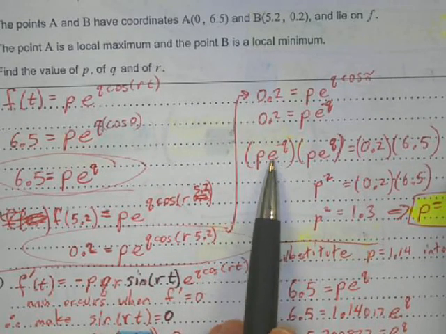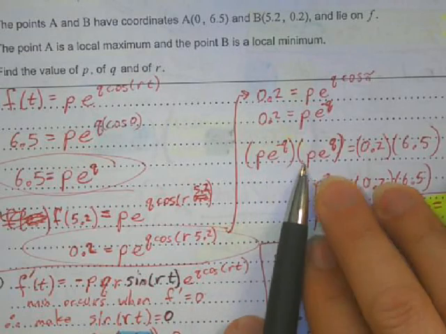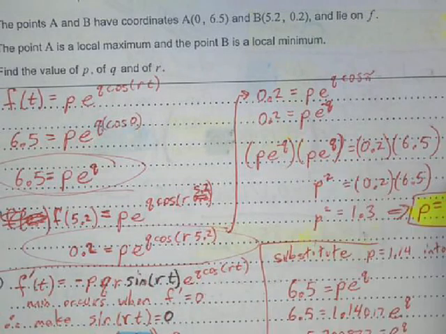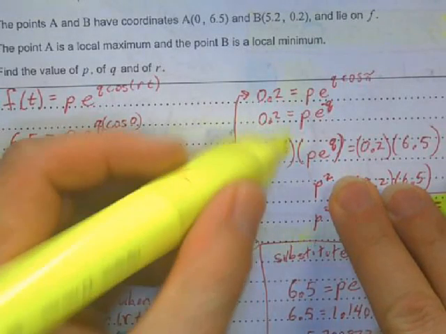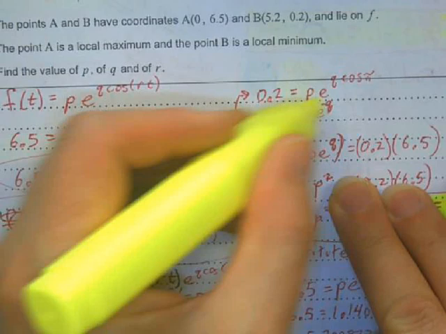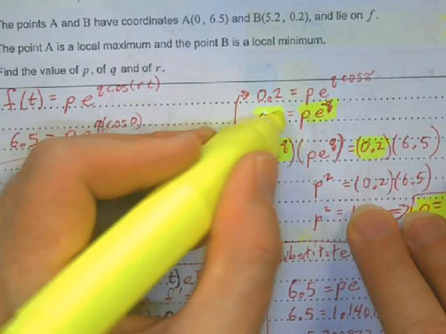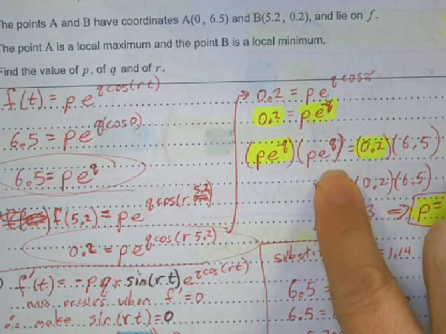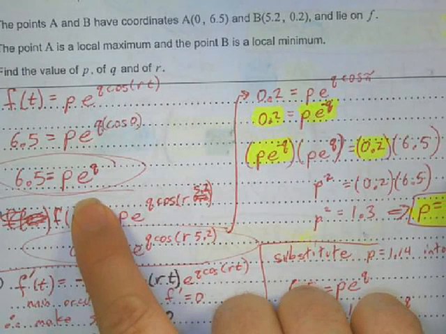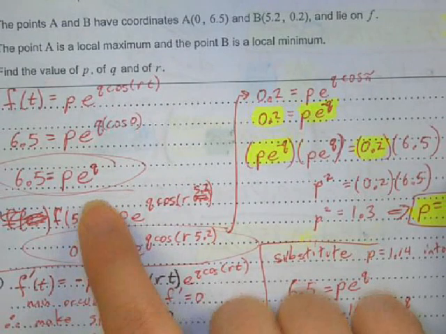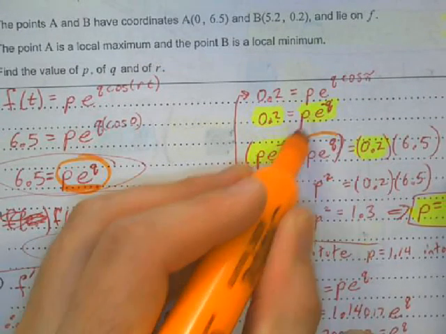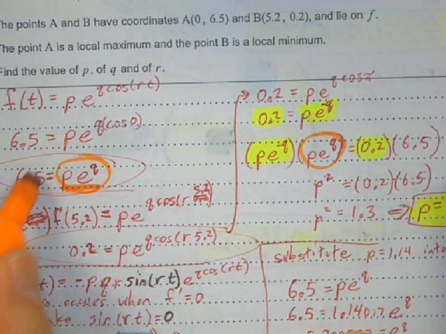We know p times e to the -q is this, and p times e to the q is this over here. And p times e to the q we know is equal to 6.5.